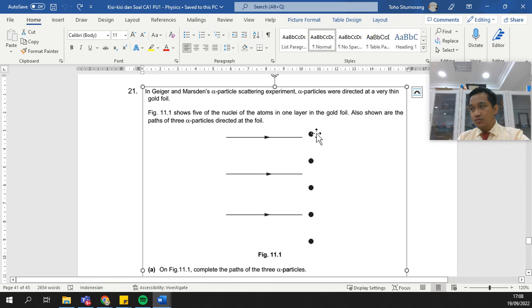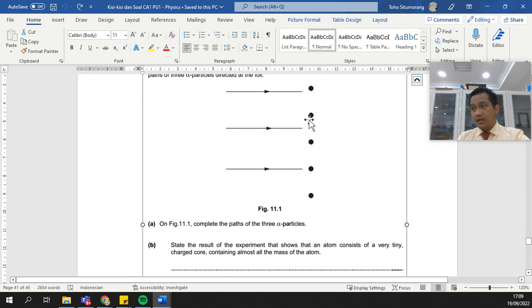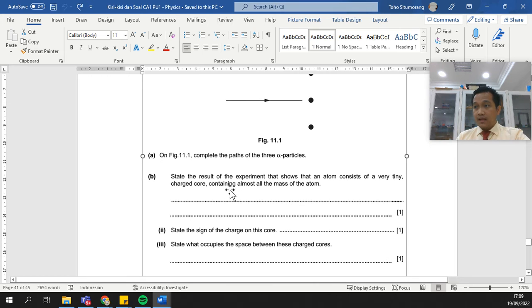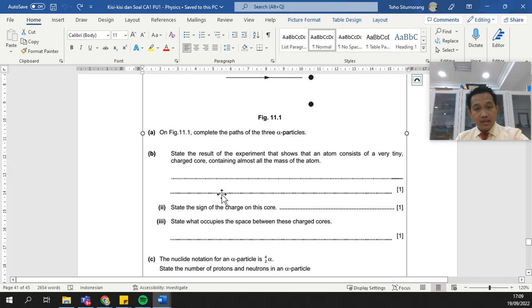Okay, this one, be very careful. If the radiation is too close to the nucleus, it will be deflected downward. Here in the middle of the two nuclei, it can just move straight, but this one hits directly, so it will be bounced back. State the result of the experiment that shows an atom consists of a very tiny charged core. You can answer by two things.